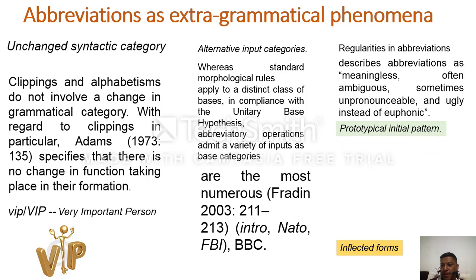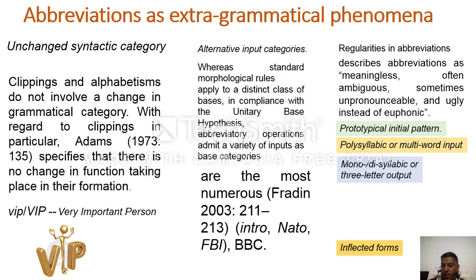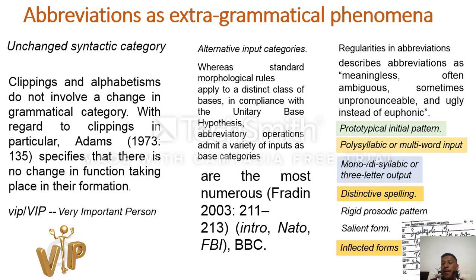For example, prototypical initial parent, possible or a multi-word input, a mono- or disyllable or a three-letter output, distinctive spelling, right prosodic pattern, and silent form, inflected form. For example, inflected form, silent form, inflected form is in your down the page and your right hand, and you look at the image is an inflected form.